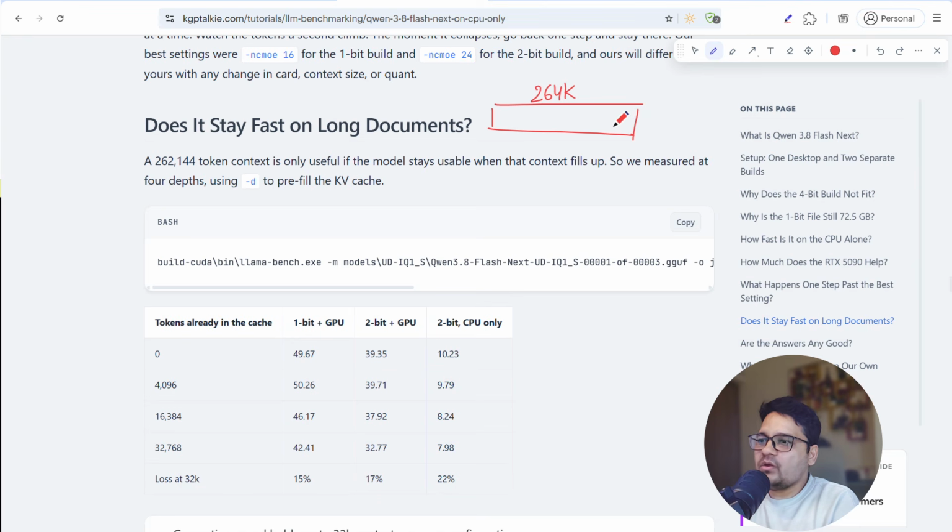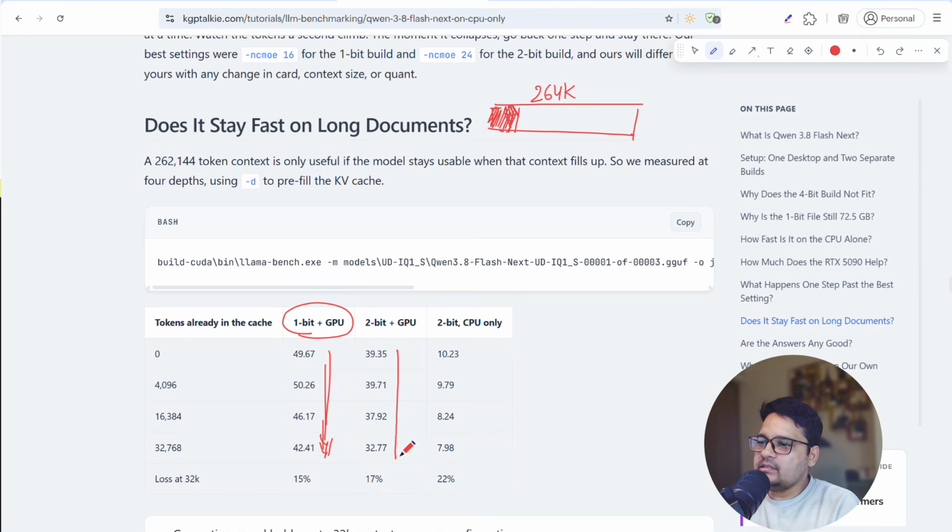So if some part of the context is filled, how is it going to affect the generation speed? I tested this particular part and found this result. In 1-bit plus GPU, the overall token speed was around 50. But as I started filling the context, my token speed started decreasing.